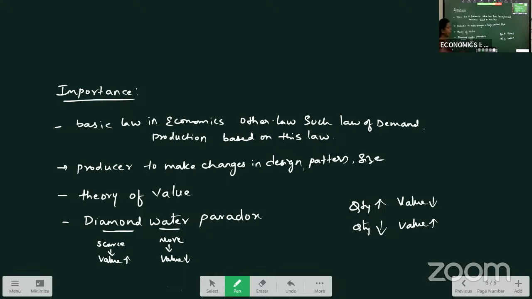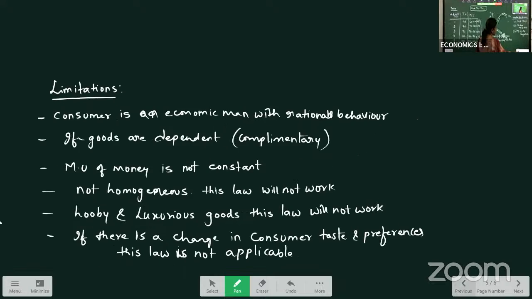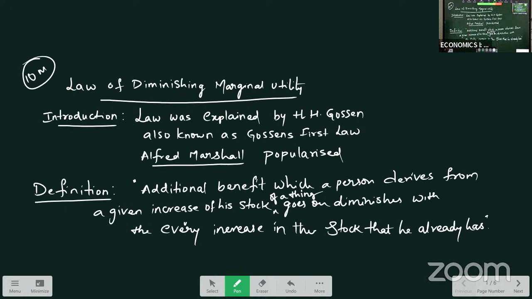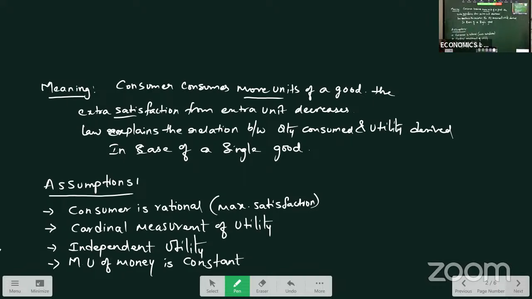Clear? So when you are presenting this law, you have to present it in this format only. First introduction, then definition, next you will write down the meaning of the law. After the meaning, you'll write the assumptions.